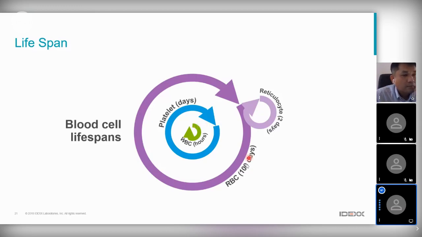So a mature RBC in a hemogram indicates something that was going on in the bone marrow when it was made, maybe 3 months ago, like 120 days back. Whereas the reticulocyte, which can only live for 2 days, can show the recent activity of the bone marrow. So if you want to get a good picture of bone marrow activity, then reticulocytes are the ones best to be observed because they tell us about the recent activity of the bone marrow.